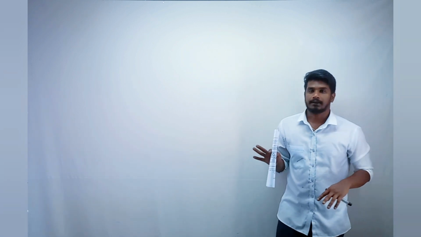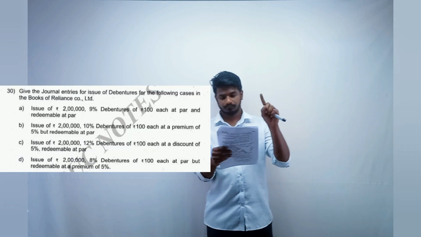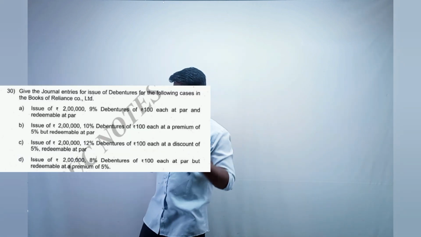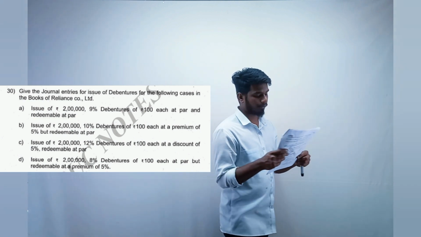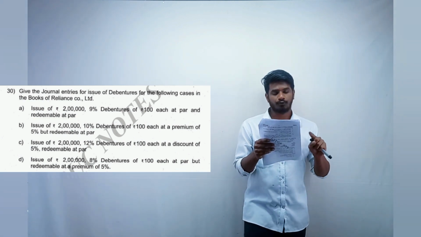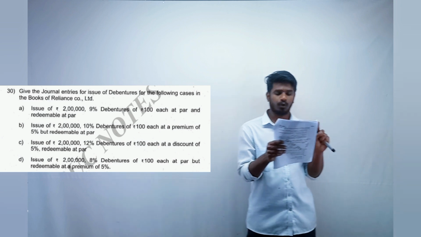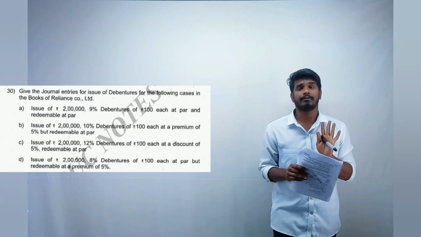Let us start. If you have taken the screenshot, you can read the question once, or let us read the question together. So here, 30th question, right? Give the journal entry for issue of debenture for the following cases in the books of Reliance Company Limited.